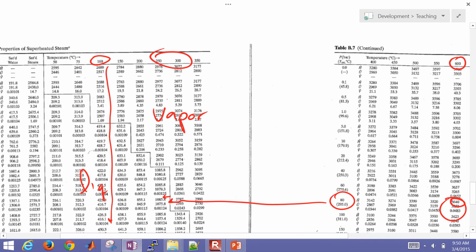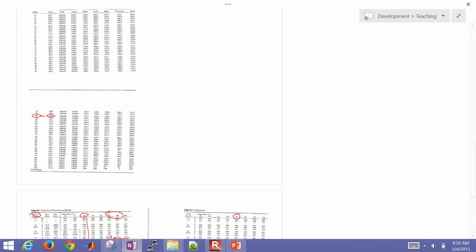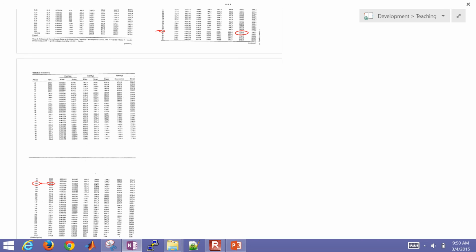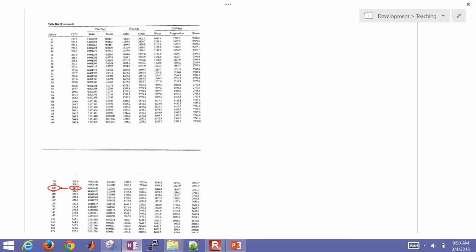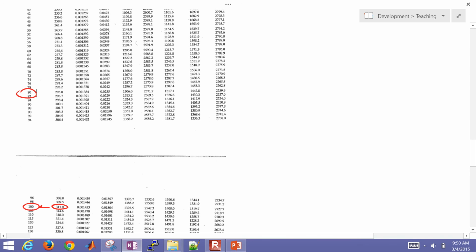This is where it transitioned to liquid or vapor, or you could go back to table B6. So let's go back to table B6 and find the pressure of 80 bar. Here is 80 bar, and we see that it's actually 295. That's the dew point temperature.